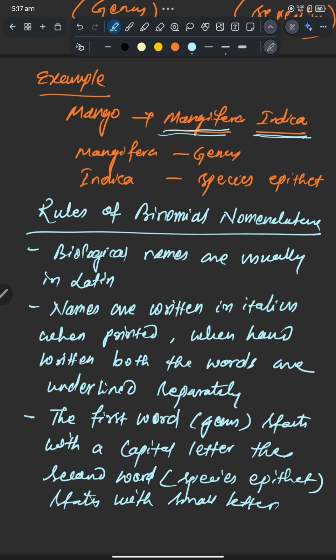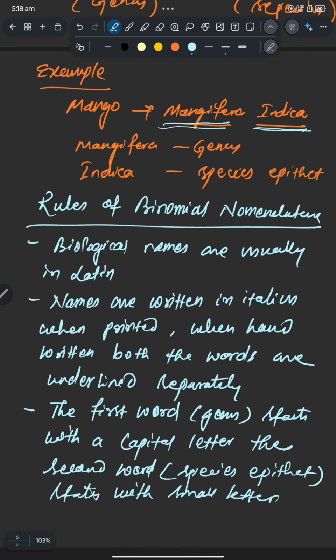Sometimes the author's name is also given, and if it is given, it is in abbreviated form after the species name. It is not always present in all names. In some names it is given. If you want to write it, you have to write it after the species.